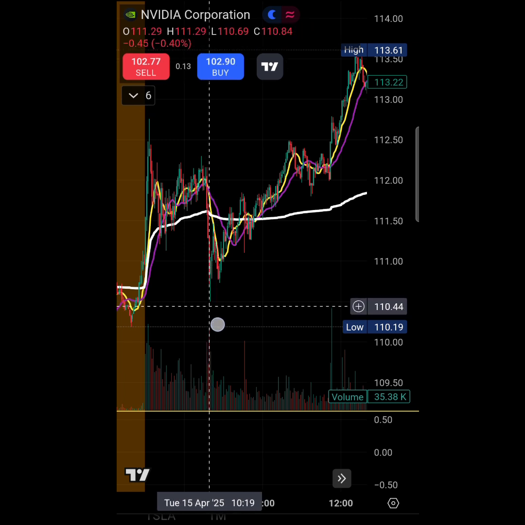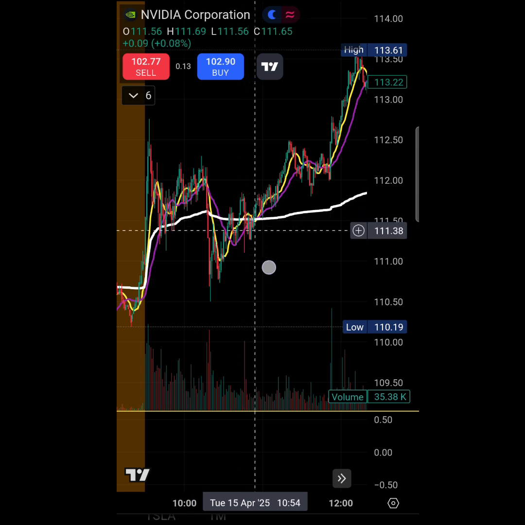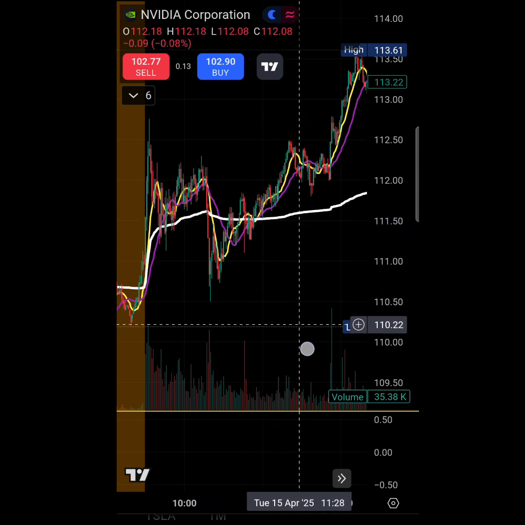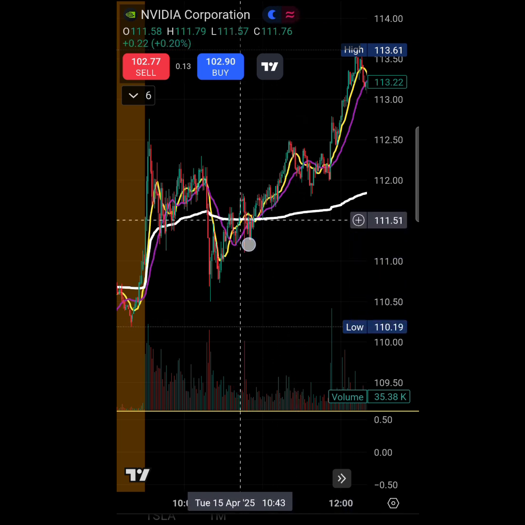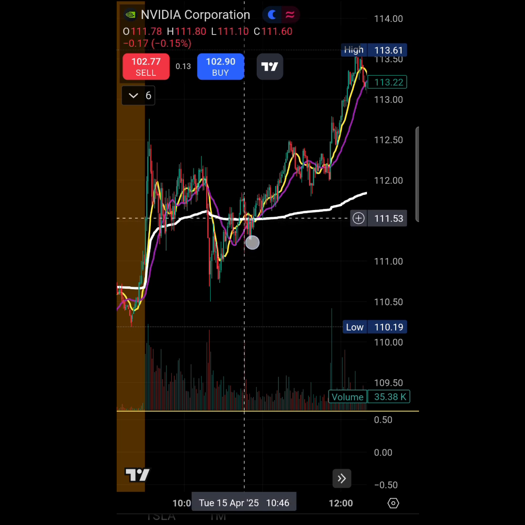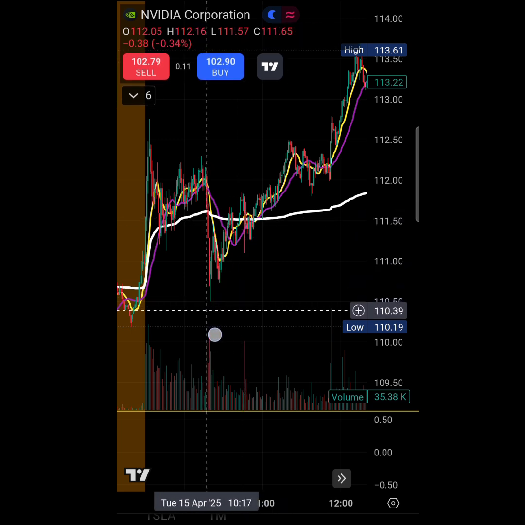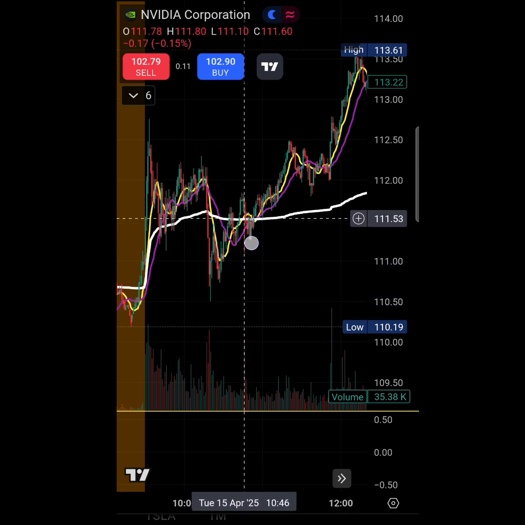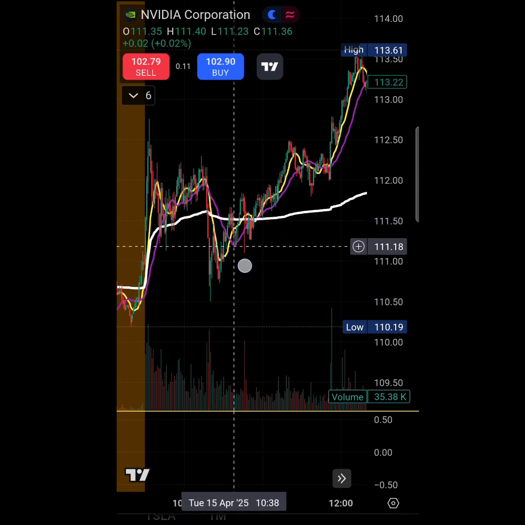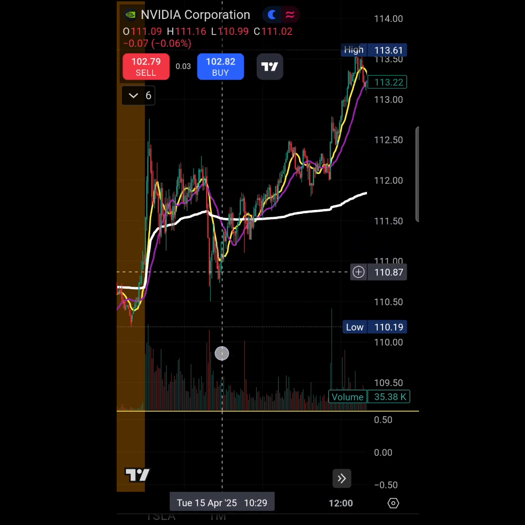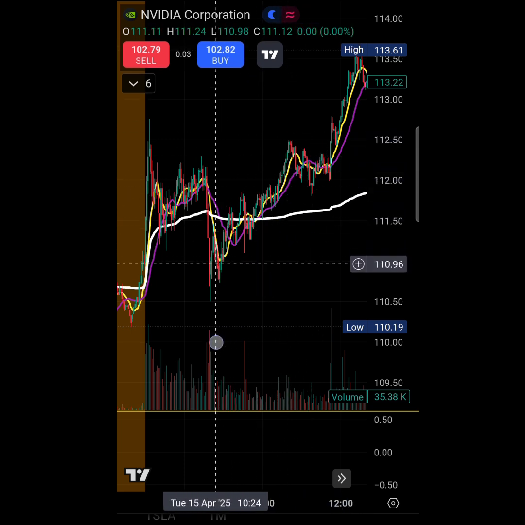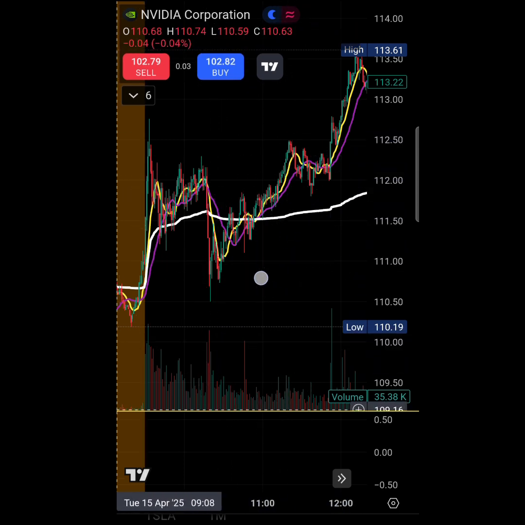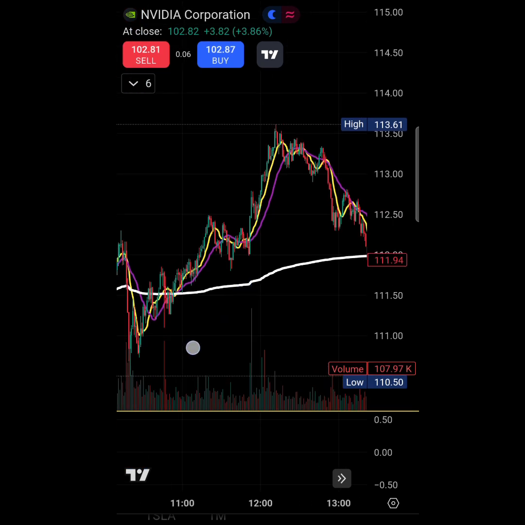If it just comes to this VWAP and drops further, well, that's fine, because then the EMA crossovers would have shown you and you would have got out at this point. You just would have ridden it from 112 back down to 111. But because it carried on and on, and you can see it crossed over VWAP, you would have just held your trade and waited for it to end.